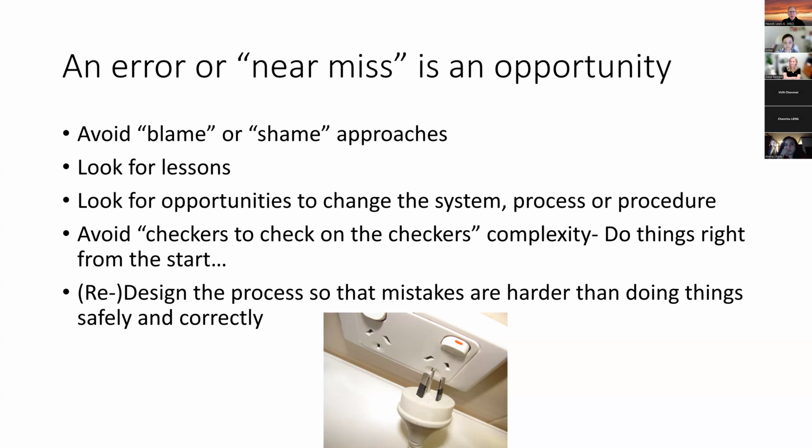You cannot put the ground line in the power line because it's designed so that you can't make a mistake. You can't do it wrong. And the more that we can do that same sort of process with our pathology processes, so that it's hard to do things the wrong way, the better off we will be as we think through these processes.